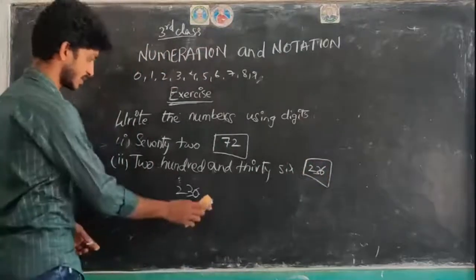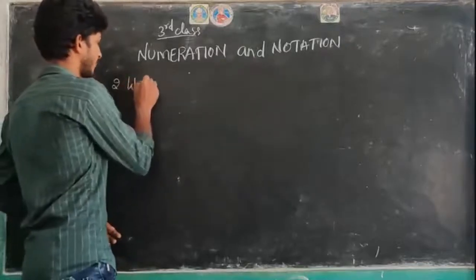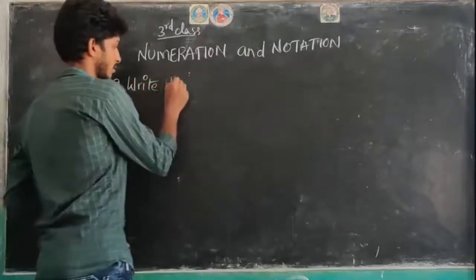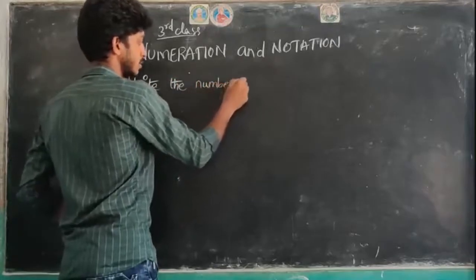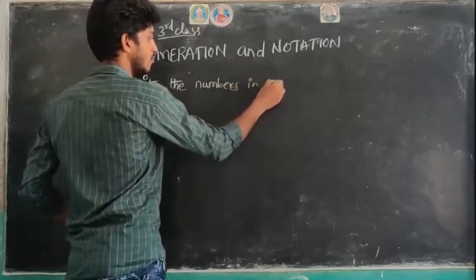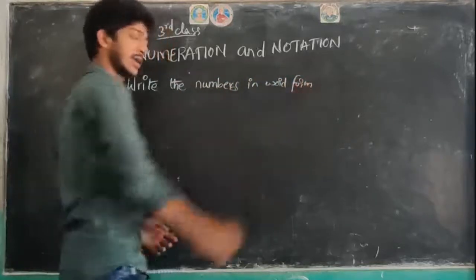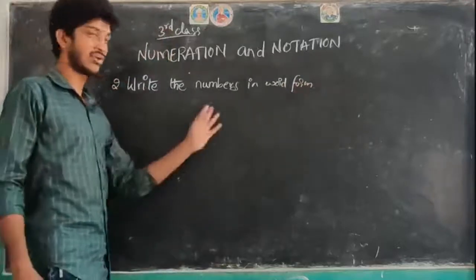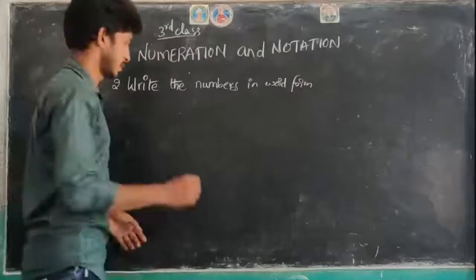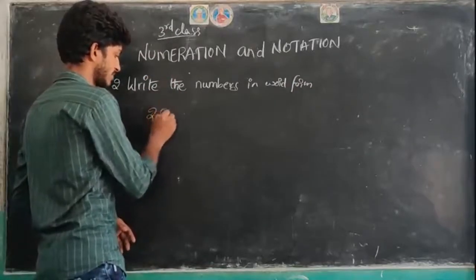Okay, and the next question is write the numbers in word form. Here a number is given in digit form, we have to convert that number into word form, means numeration. Here 256 is given.